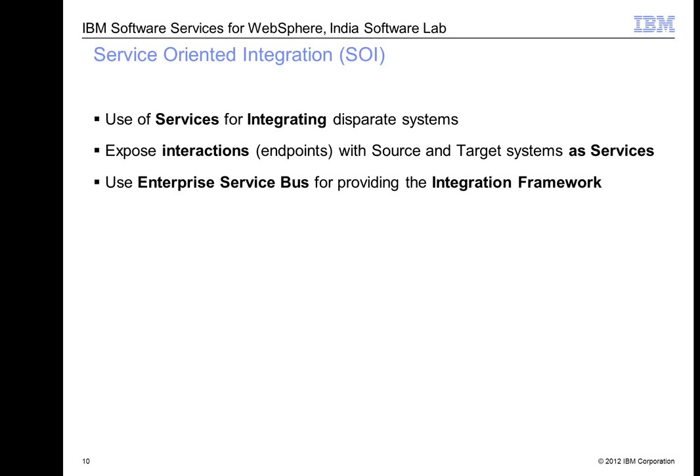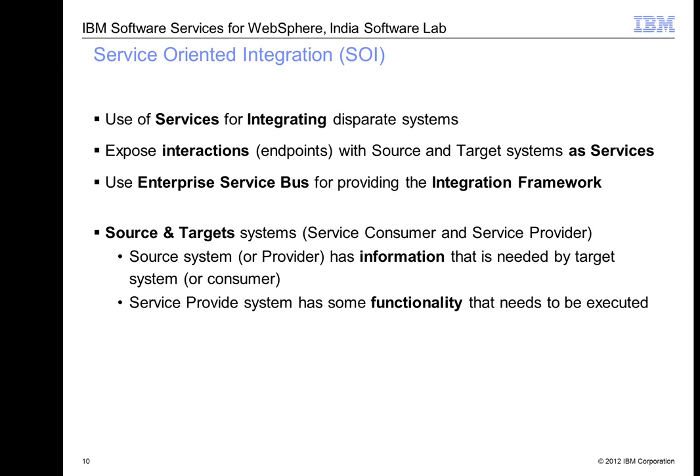So by combining all these concepts, we can define service-oriented integration as a way to integrate applications by using services. In service-oriented integration, we make different systems, source system, target system, information provider systems, service-oriented. When we say we make them service-oriented, it means that we use some techniques to either expose their capabilities as service or make them participate in the integration framework by making them call some of the services.